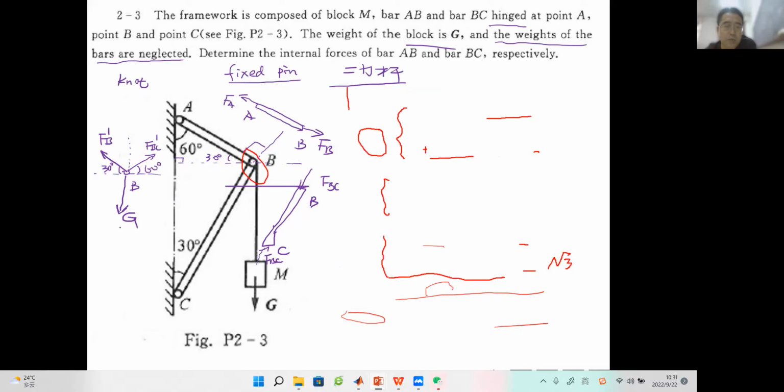We can just use the letter G to denote its magnitude. So our task now is to find the magnitude of FB prime and FBC prime using the equilibrium condition of a concurrent force system. Is that right? Can you guys understand me?